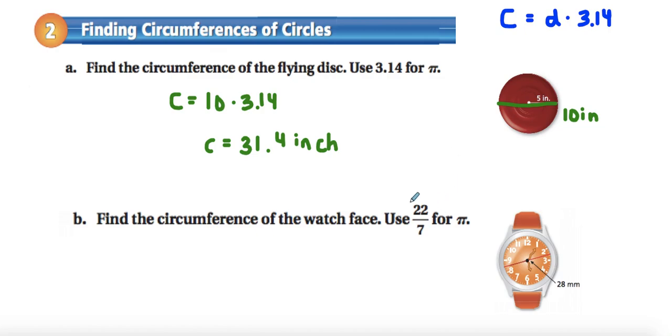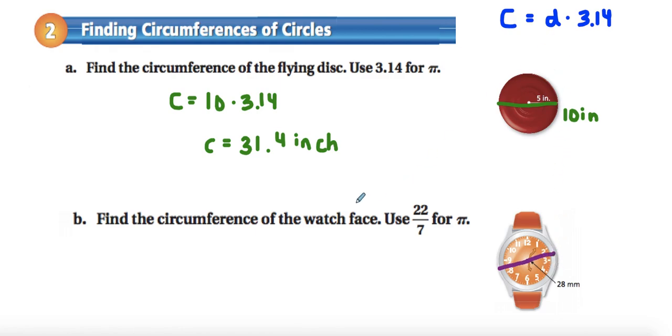So here we're going to use a more exact value for pi. So in my picture, I see that we are given our diameter. We're given the length from one point to another point on my circle. So this is 28 millimeters.